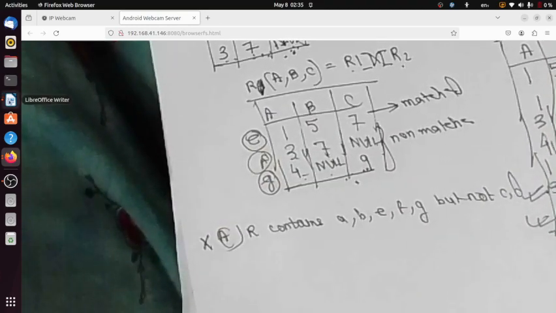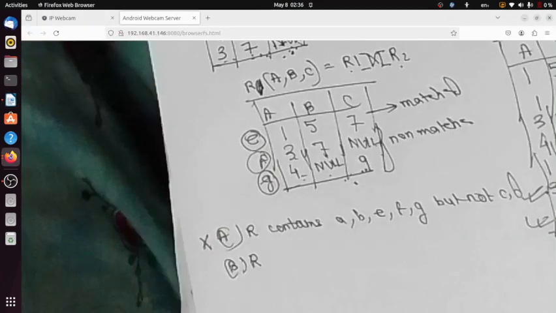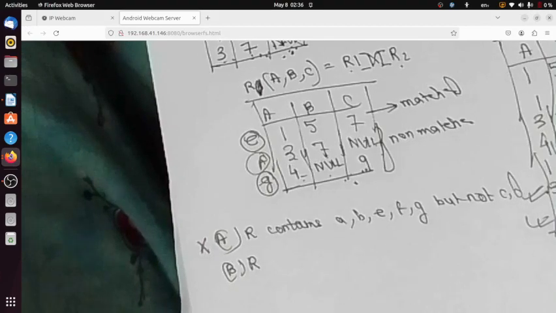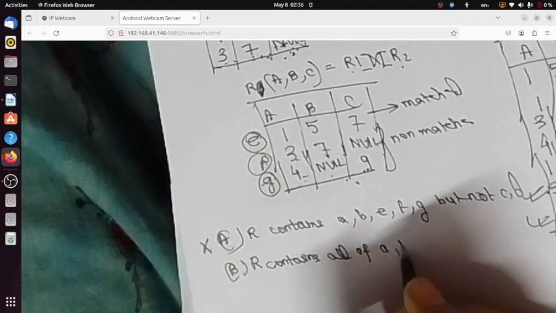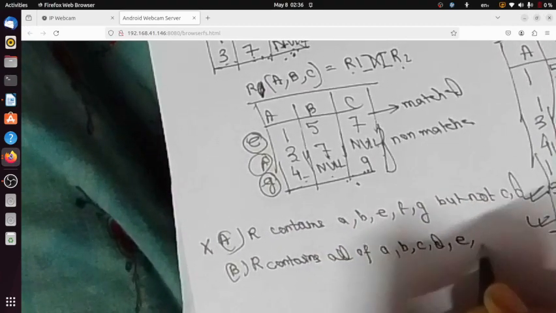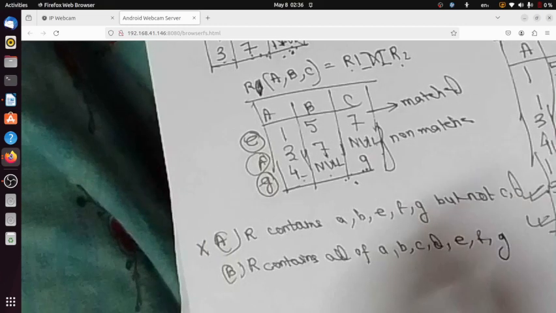Option B says R contains all of A, B, C, D, E, F, G. Here only E, F, G are in the output relation, so option B is also not correct.